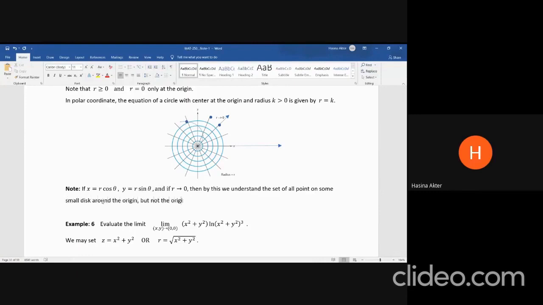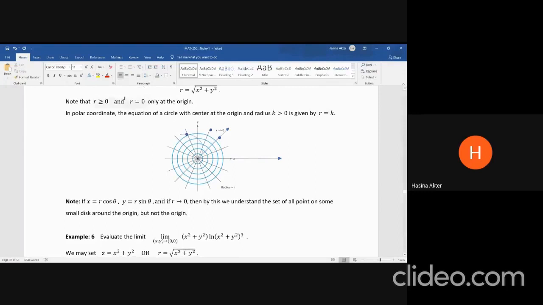That means that set does not contain the origin. Do you understand that? Because r equals 0 at the origin, but we have taken only r which are close to 0 but not equal to 0. So we are taking all the points which are really close to the origin and around the origin, because we did not try to control theta. So theta can be any real number from negative infinity to positive infinity. Okay, do you understand that?